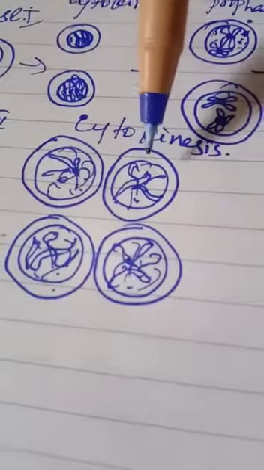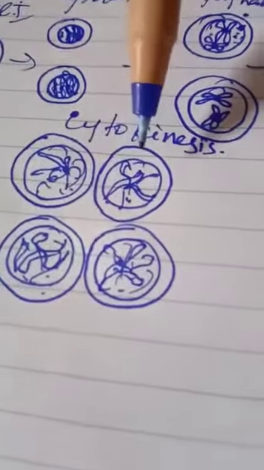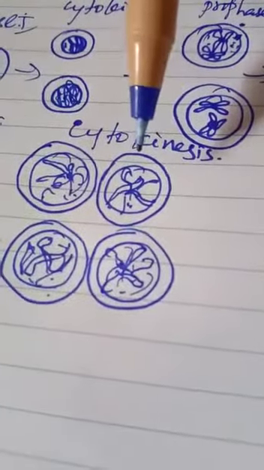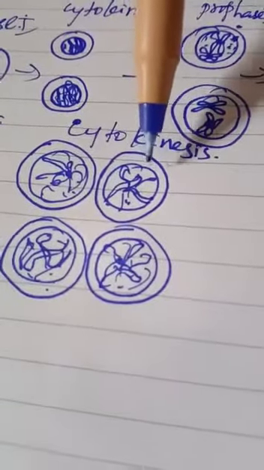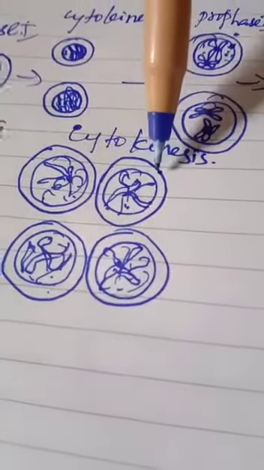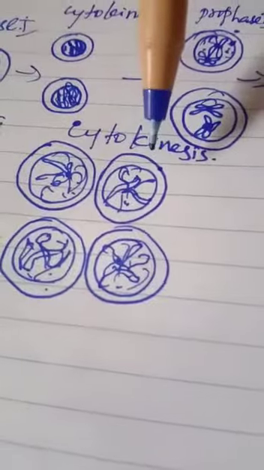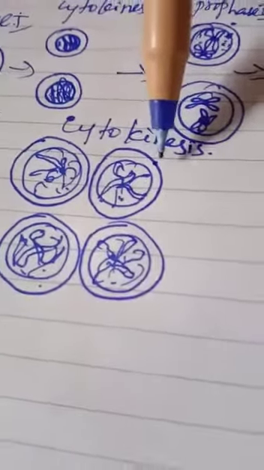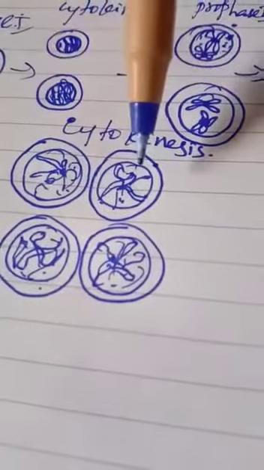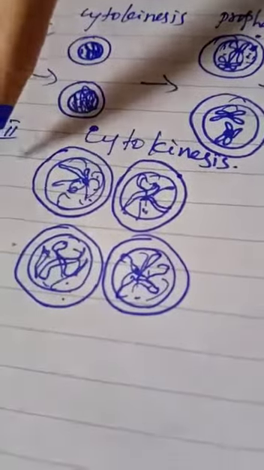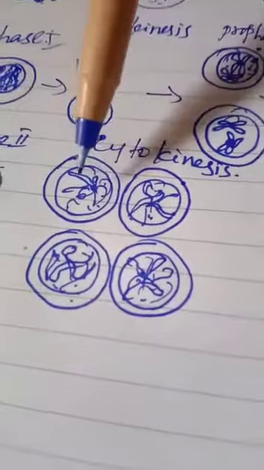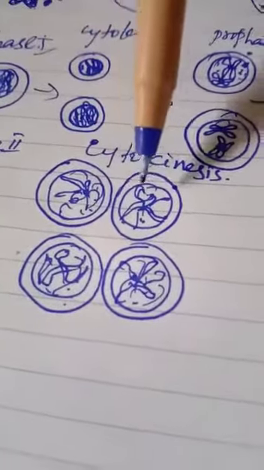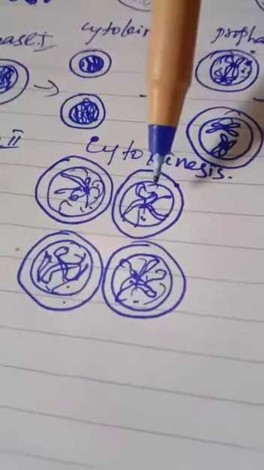Each daughter cell forms 2 cells, resulting in the formation of 4 cells. 1, 2, 3, 4. So 4 daughter cells are formed.